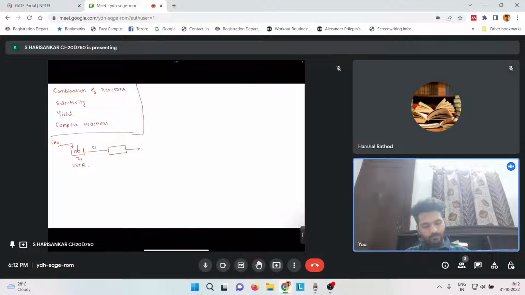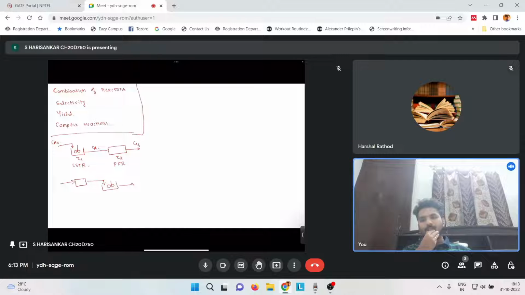Let's say this is CA1, which is the outlet concentration of the CSTR, and then this will be tau2, which is the space-time of the PFR, and the outlet concentration, let it be CAF. The reverse is also possible: first a PFR can come, then it can be followed by a CSTR.